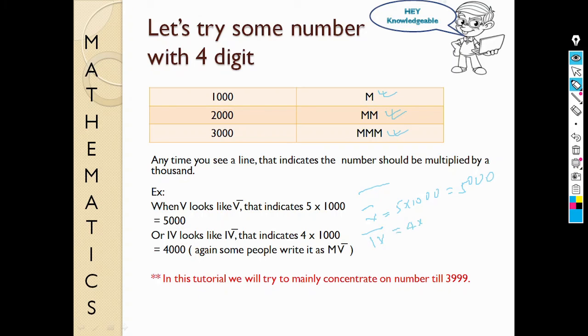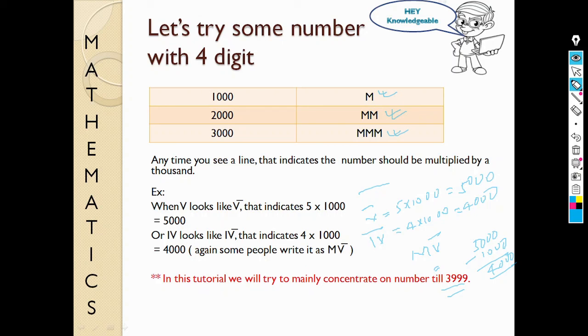So that is 4 into 1000, so that becomes 4000. But somewhere 4000 is also written as M followed by V with a bar, so that is basically subtracting 1000 from 5000, so that becomes 4000. But in this tutorial, we will mainly concentrate on numbers up to 3999.